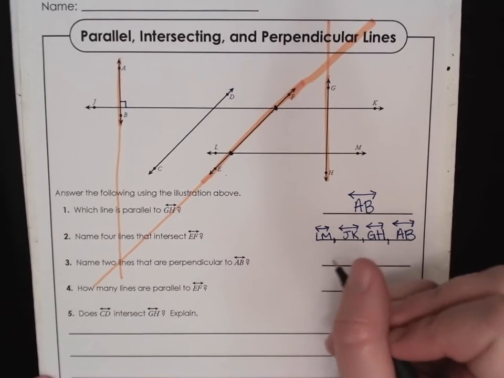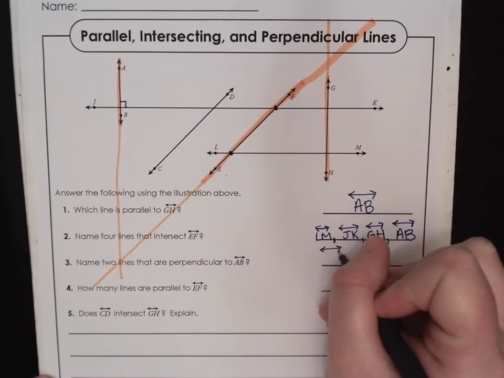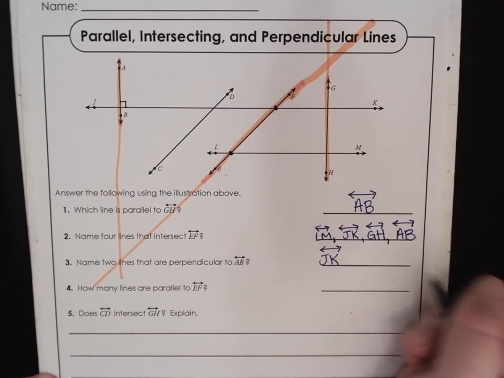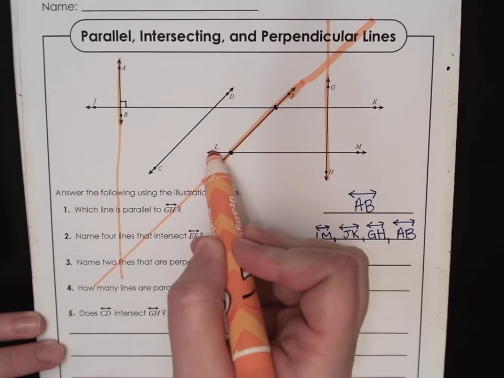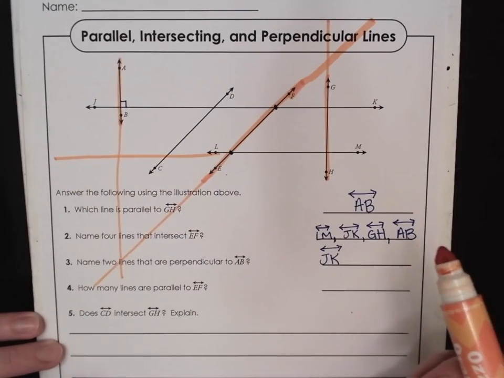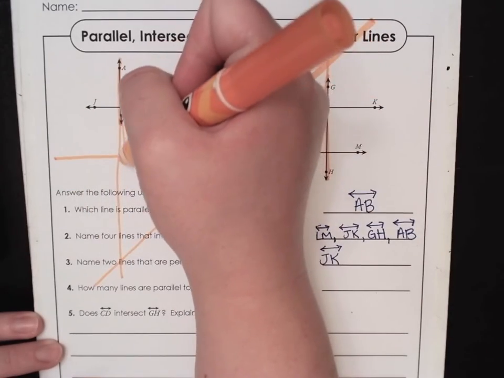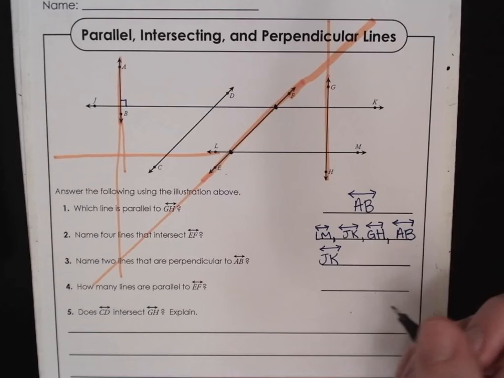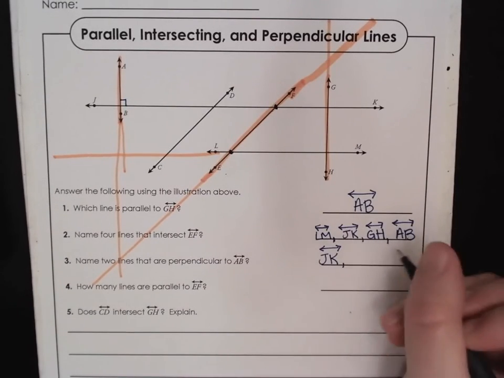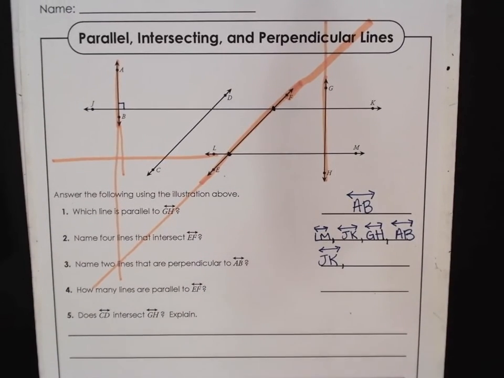So line AB is perpendicular to line JK. Line AB is also perpendicular to line LM. If I extend line LM and I extend line AB, they will cross like a T. So that will form a 90-degree angle.